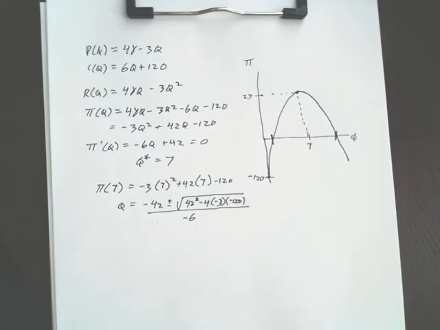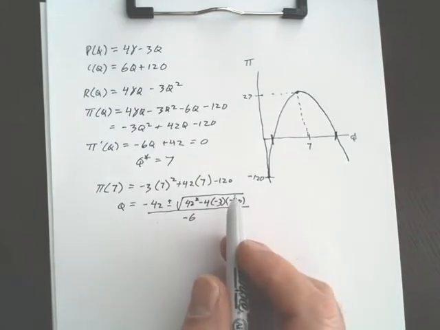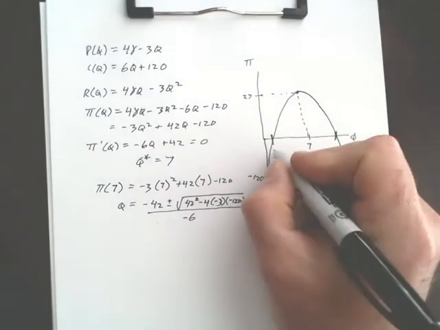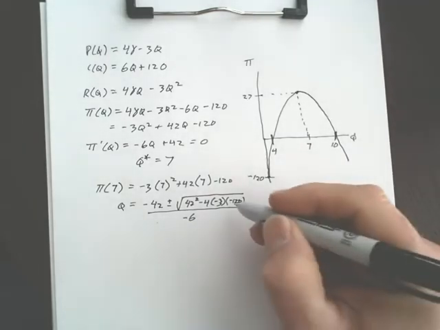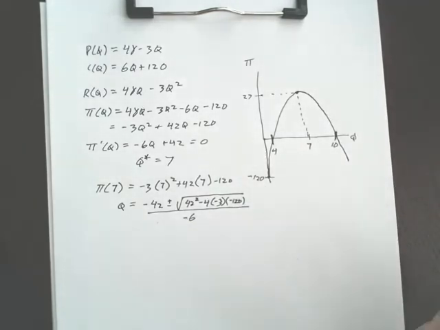Okay, and what are these going to come out to be? These, if I'm not mistaken, should come out to be 4 and 10. But do this on your own. Go ahead and solve this on your own. But this is what our profit function looks like.